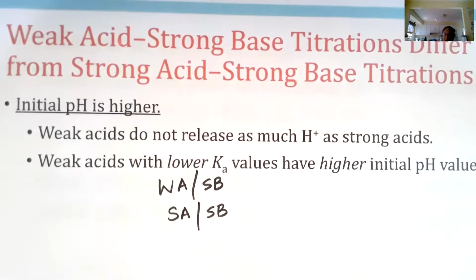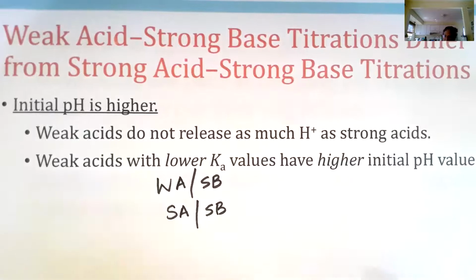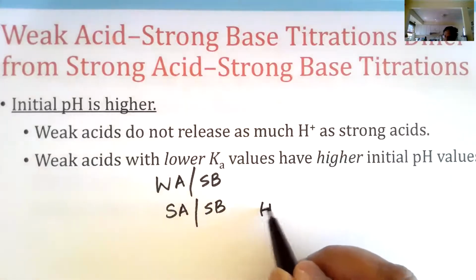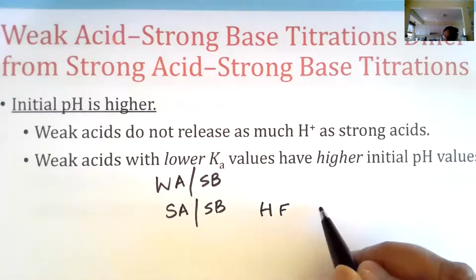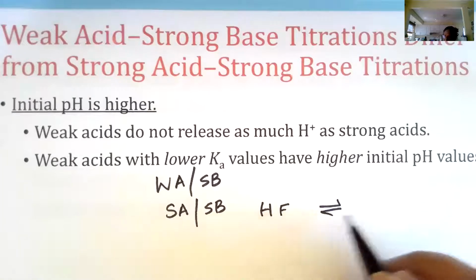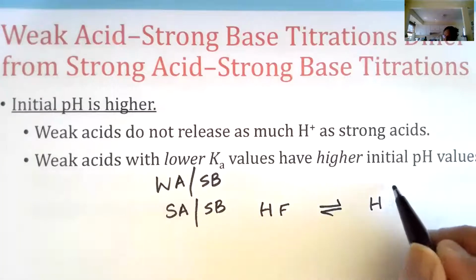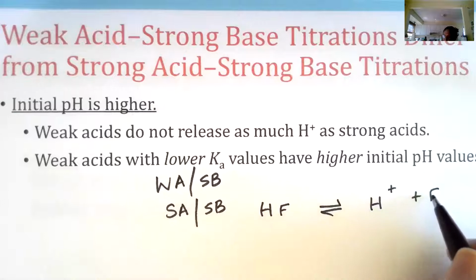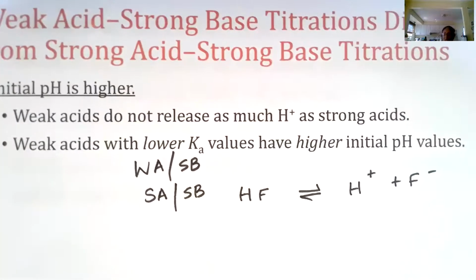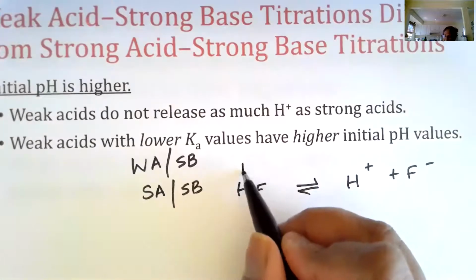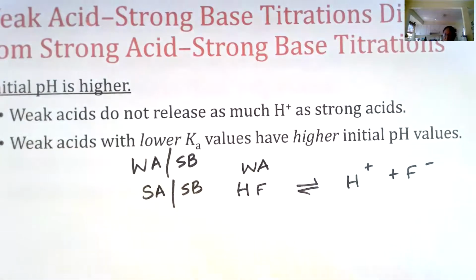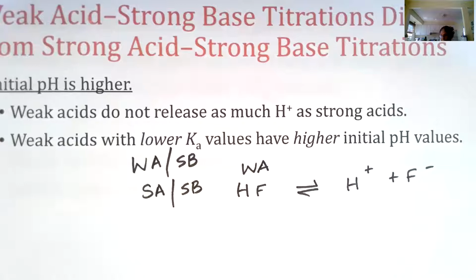Now, weak acids, remember, they are weak. So if you look at HF, this is a weak acid. So it's going to dissociate to give H plus and F minus. But being a weak acid, it does not dissociate fully.